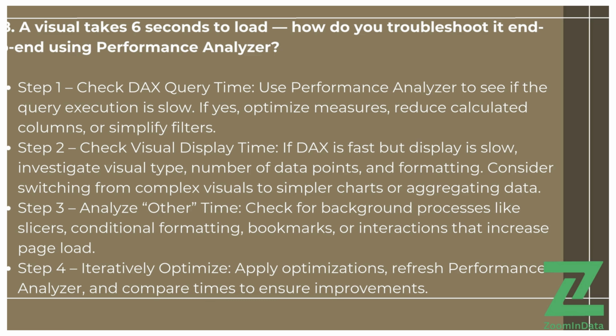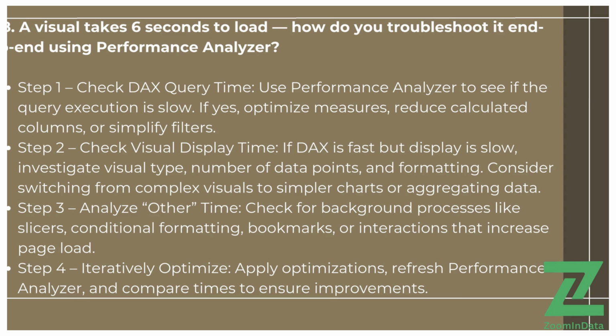If the DAX query is fast but the visual still loads slowly, investigate the visual type, the number of data points, and the level of formatting. You can also switch complex visuals to simpler charts or aggregate the data. Step 3. Check the time shown under the section named Other.